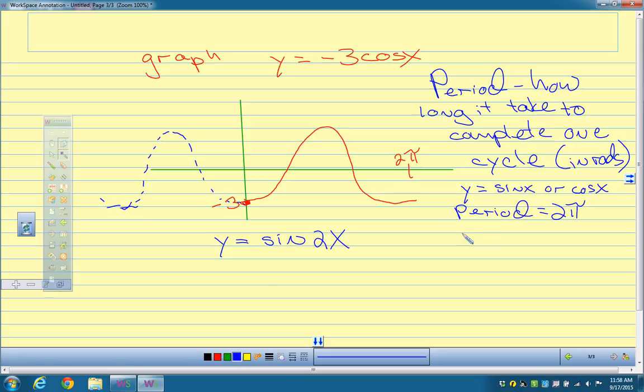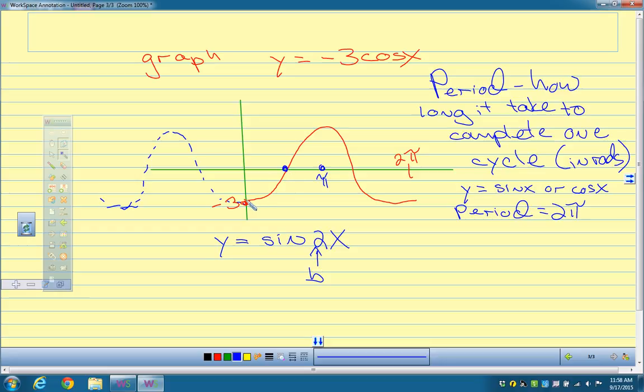Okay? So this number in front, which they call b, makes it go whatever that number is times as fast. So it does 2 cycles, basically. It does 2 periods in 2 pi radians. So if I were going to graph y equals sine of 2x, I might put pi over here, and then the halfway point, pi over 2.